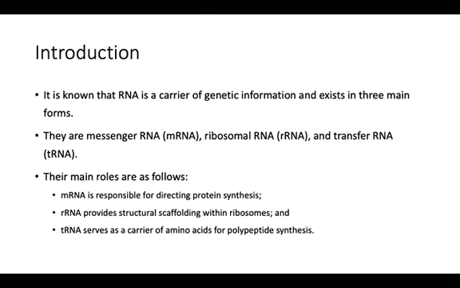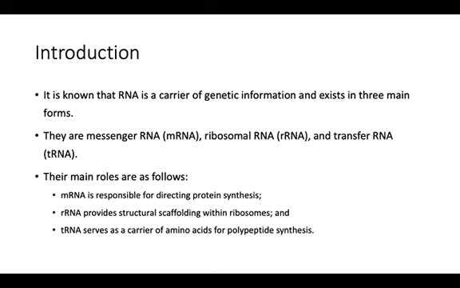So, a brief introduction of what we are talking about. RNA is a carrier of genetic information and exists in three main forms. As we know, they are messenger RNA, ribosomal RNA, and transfer RNA. Messenger RNA is responsible for directing protein synthesis.